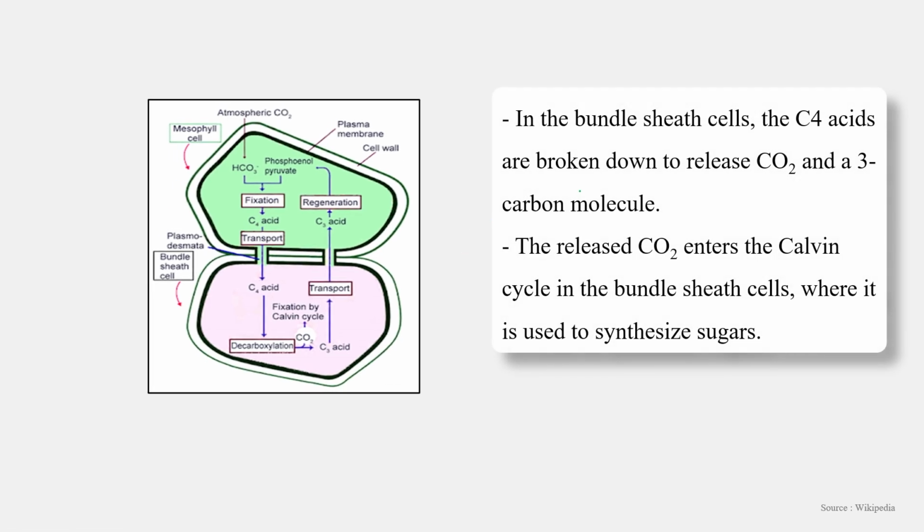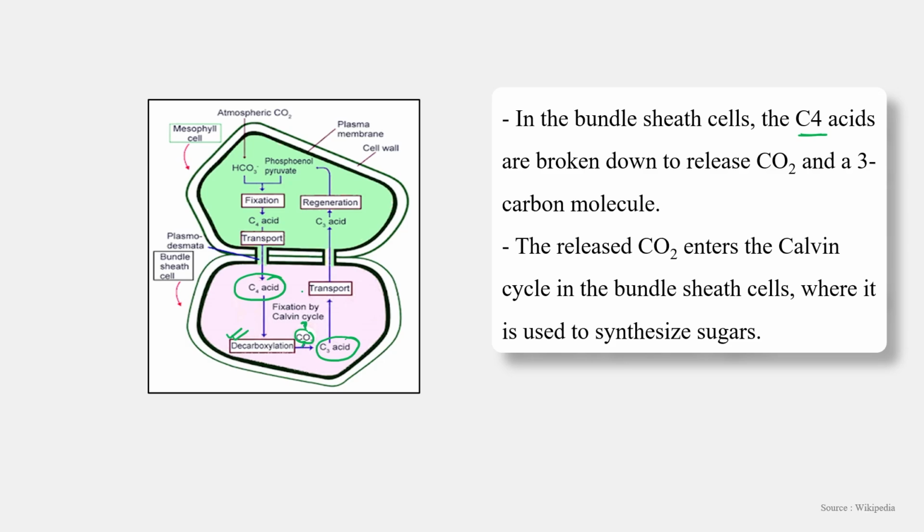In the bundle sheath cell, this C4 acid is broken down into a 3-carbon acid, and the carbon dioxide which was accepted by the PEP initially is released through decarboxylation.